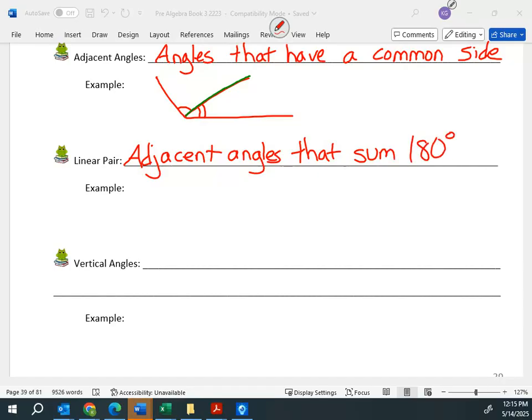So they are supplementary and they are next to each other. Remember, to be supplementary, they can be separate, but in order to be a linear pair, they need to be right next to each other. So you need to be able to add the two together to make that straight line add to be 180 degrees.